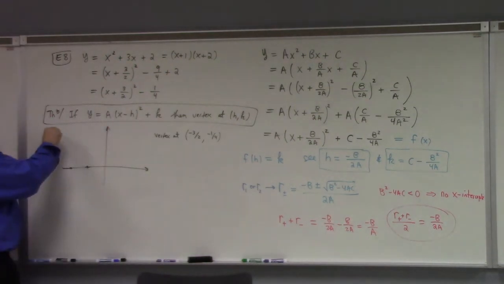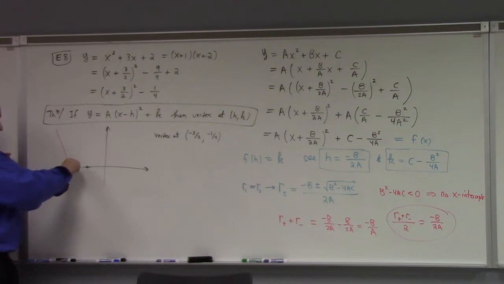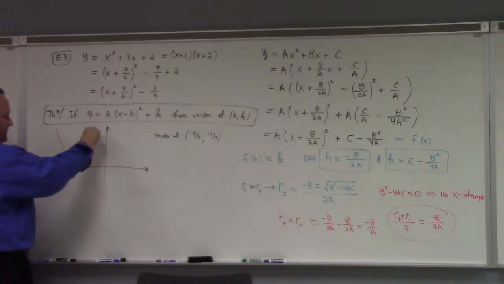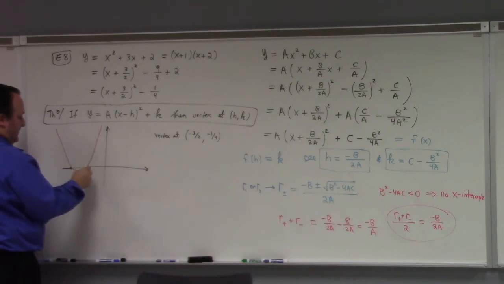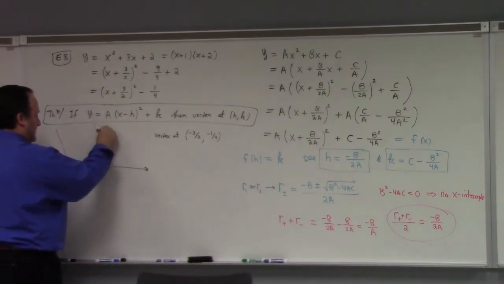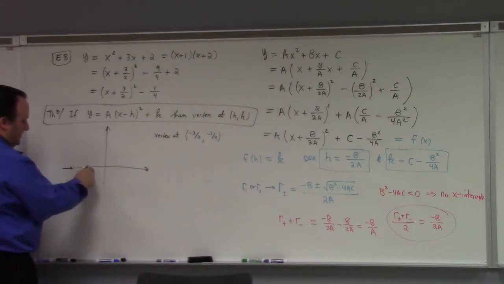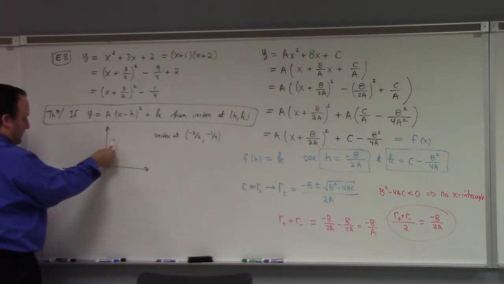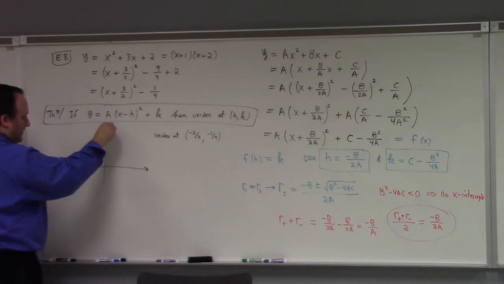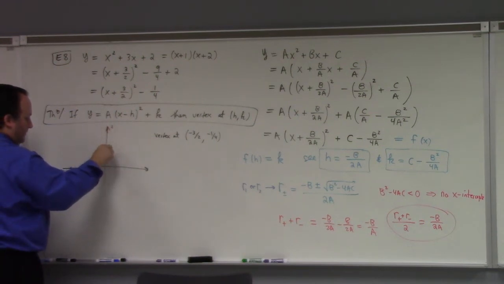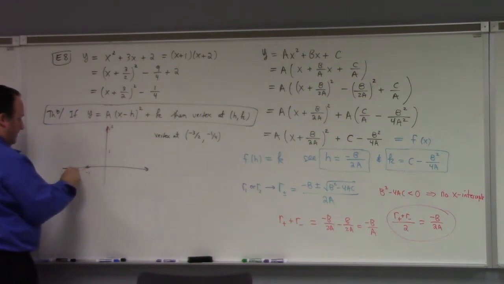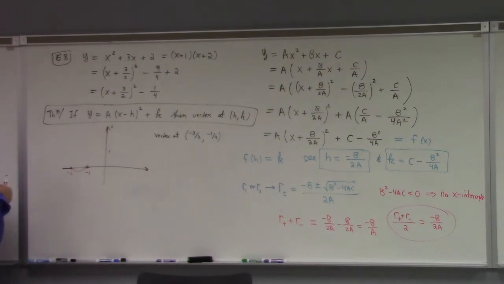Yeah? What else can you do to add some substance to this graph if I was doing it better? My bad. So this is -1, this is -2. If I try to keep with the same scale, 2 is about right here, yeah? What's the y-intercept of this graph?